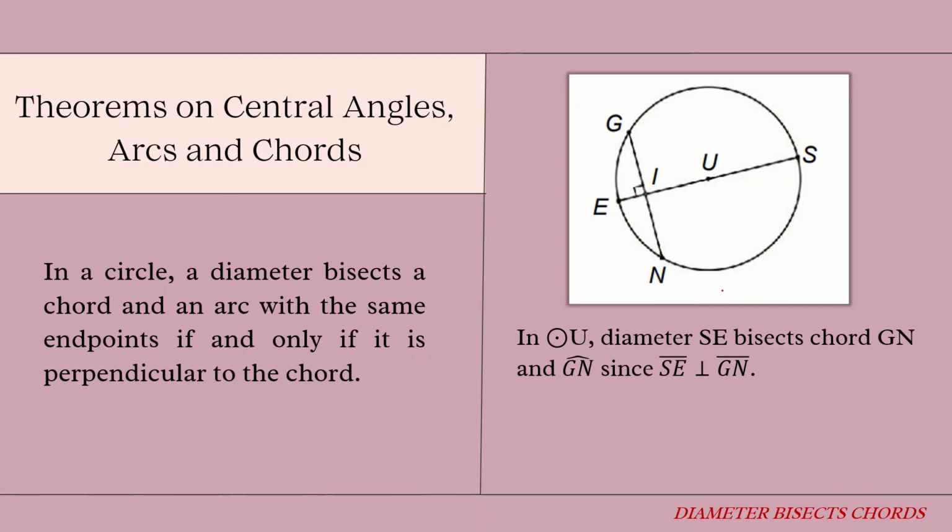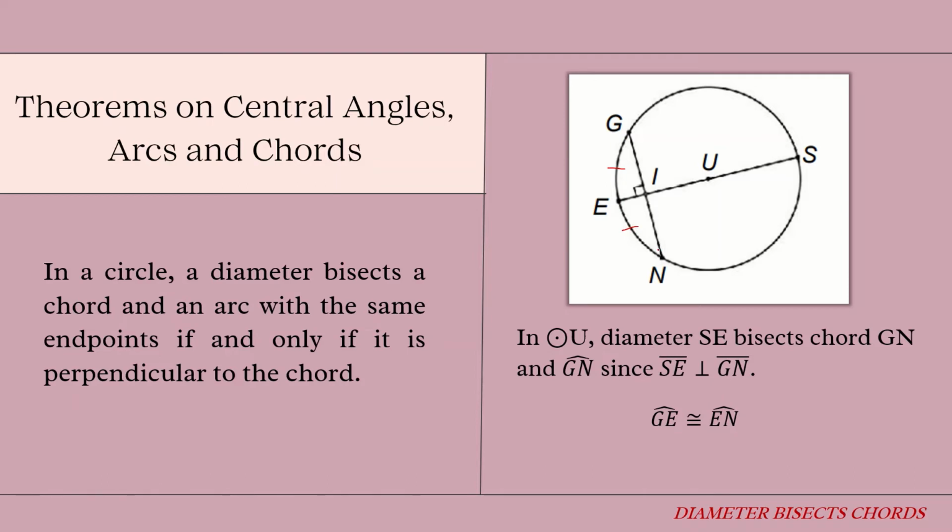So if that is the case, by applying our theorem, we say that arc GE is congruent to arc EN. Since tulad nga sa nabanggit na theorem, segment SE bisects arc GN.